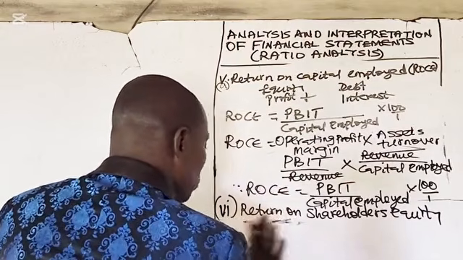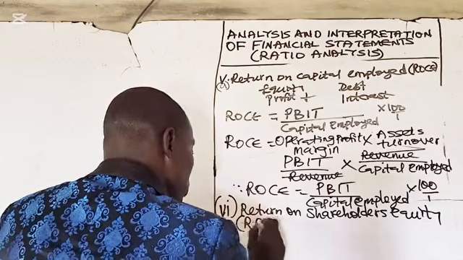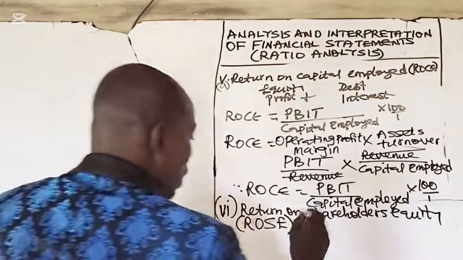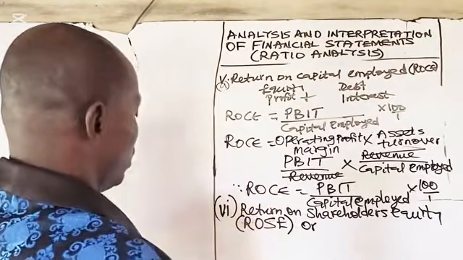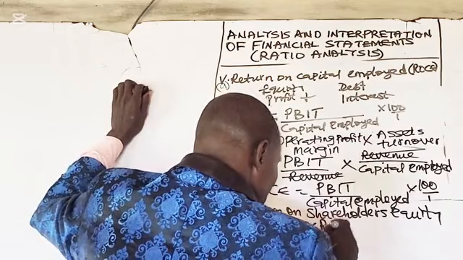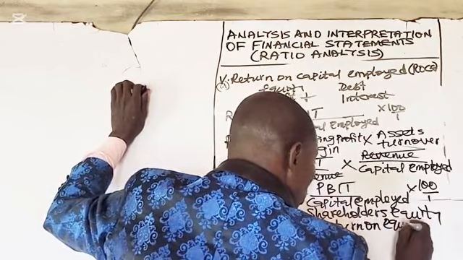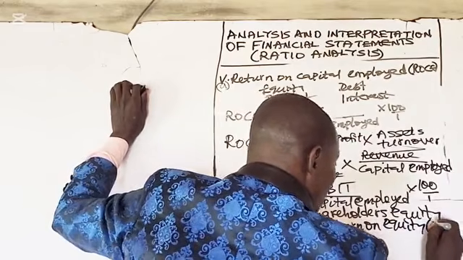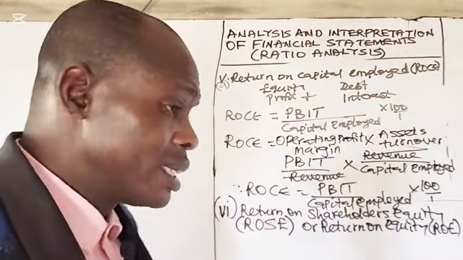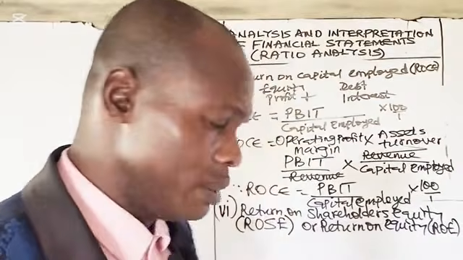Return on shareholders' equity can be abbreviated as ROSE, or ROE, return on equity. So what you have as capital employed here is equity.